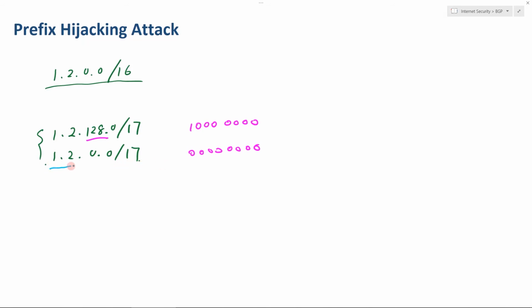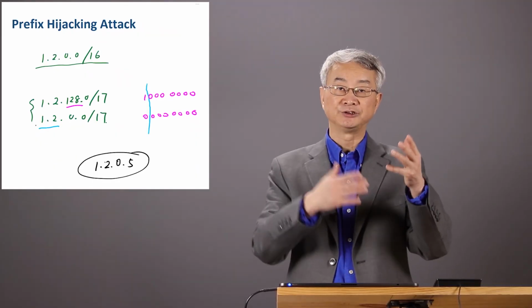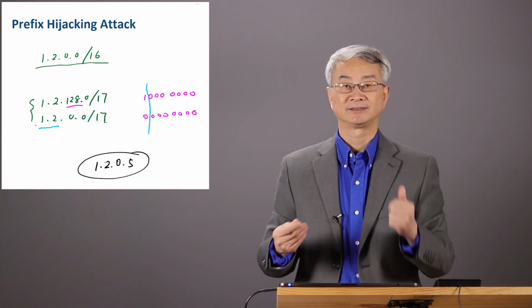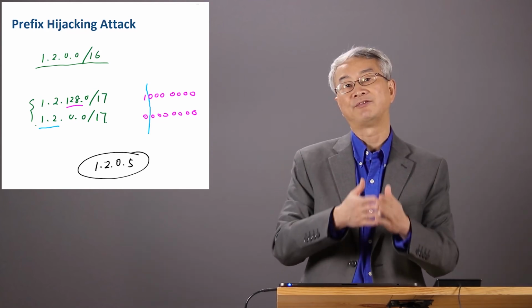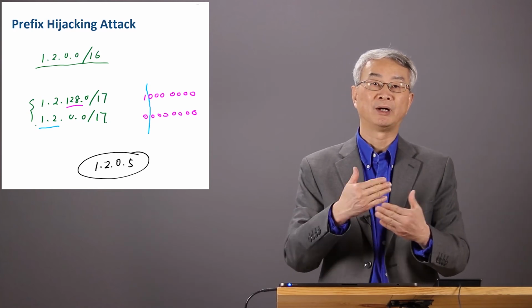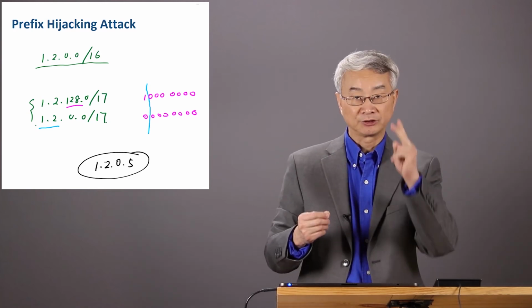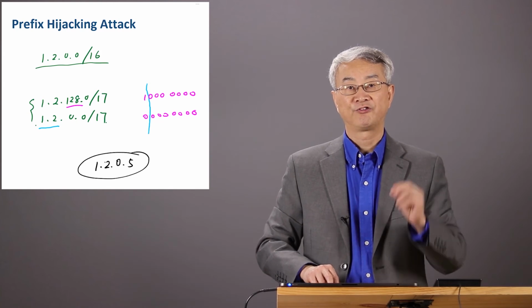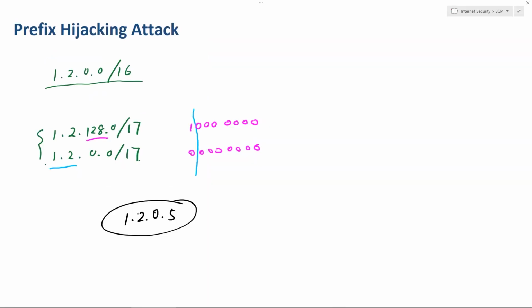For /17, we already have 16 bits here, so 17 is going to start from here, and this is the 17th bit. Say I have an IP address 1.2.0.5. If these three entries, the two /17 and the /16, are all in the routing table, now if I see a packet going to 1.2.0.5, it's going to match with two entries. The first entry is going to match with this one, because the first 16 bits, the 1.2, match with the 16 bits of this.